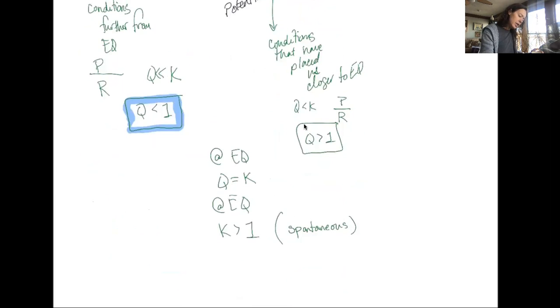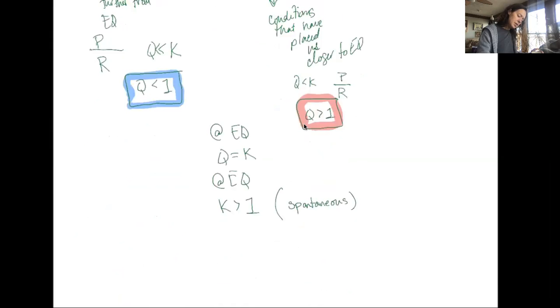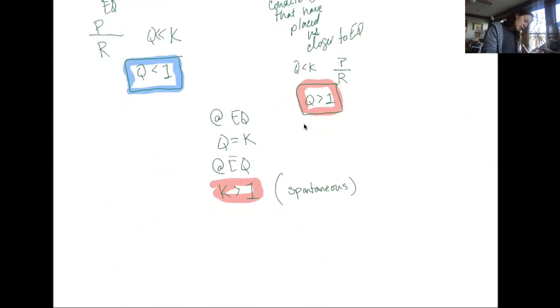If Q is greater than 1, you are naturally closer to equilibrium. Okay? We know equilibrium is somewhere way over here because it's greater than 1, but it's a lot greater than 1. Okay? So this is going to cause E cell to increase, and this is going to cause E cell to decrease.